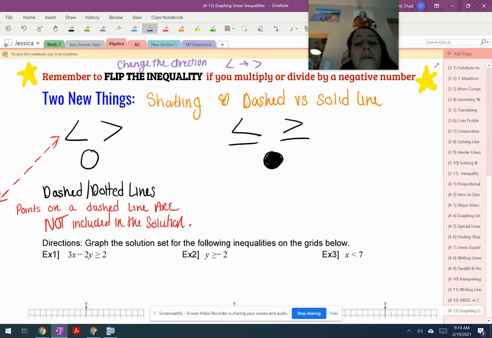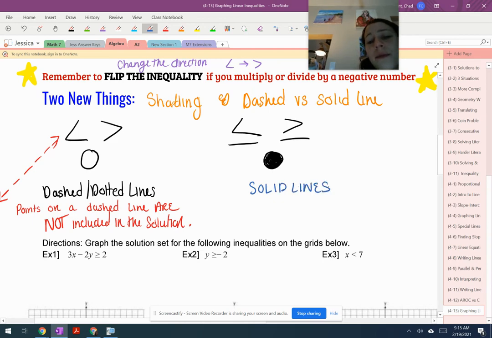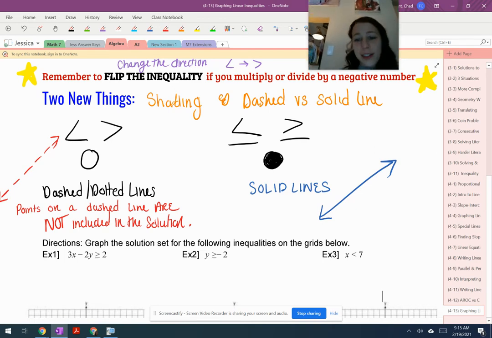Okay, so then on the flip side, the or equal tos are going to get solid lines, just like normal. They're going to get something that looks like that. And just like with a closed circle, a point on the line is a solution.